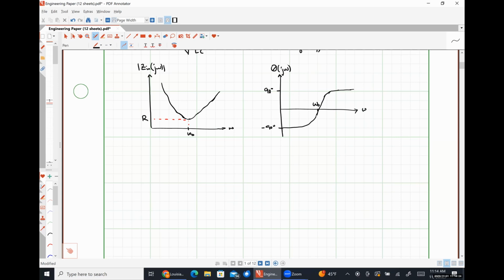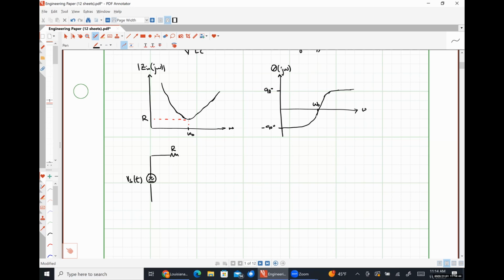So let's say that we have a very simple circuit, just an RLC network once again, and we are going to excite it with a voltage source operating at the resonant frequency of the system. So this is our Vs of t, which I will define in a moment.